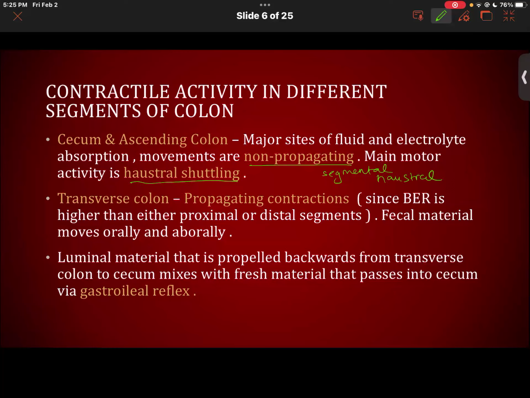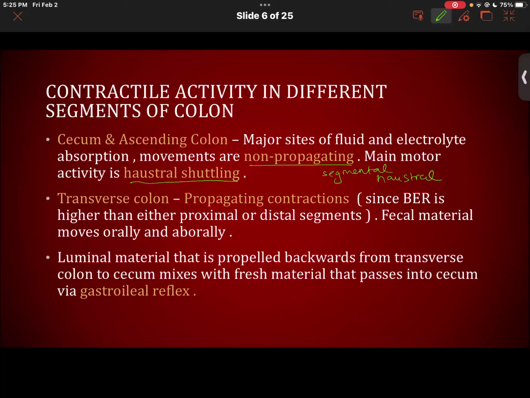In the transverse colon, we have the propagating contractions. What are propagating contractions? I told you there's two types, non-propagating and propagating. Non-propagating means there's no movement along the length of the colon, but propagating contractions means there is movement. And why are these propagating? It's because of the BER.